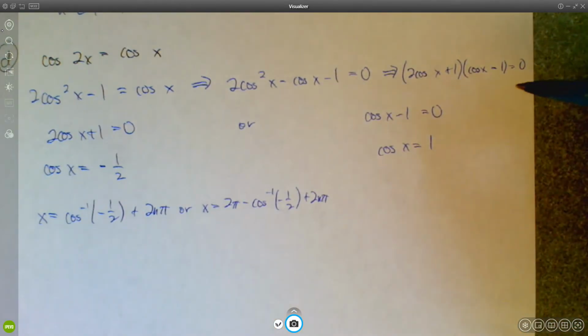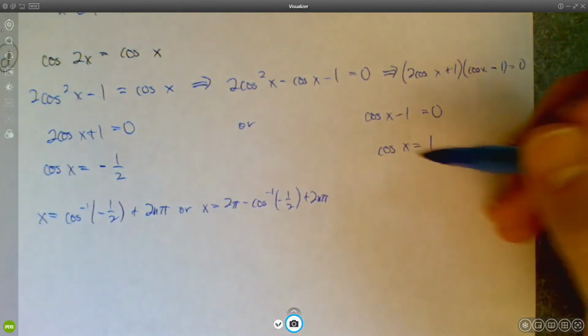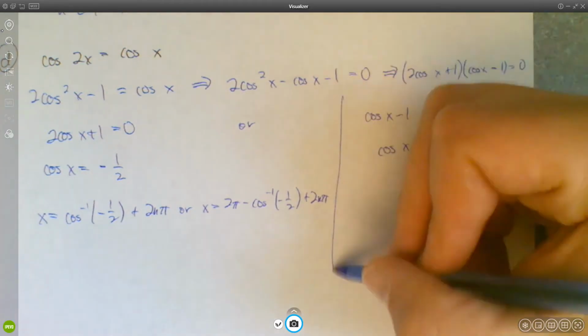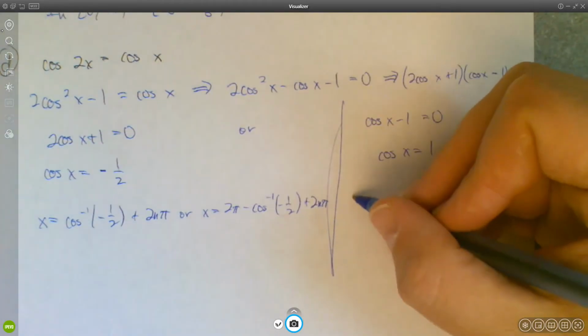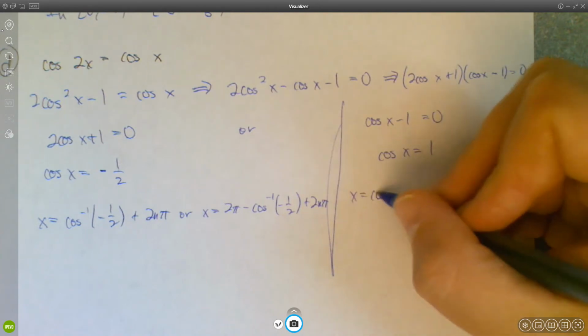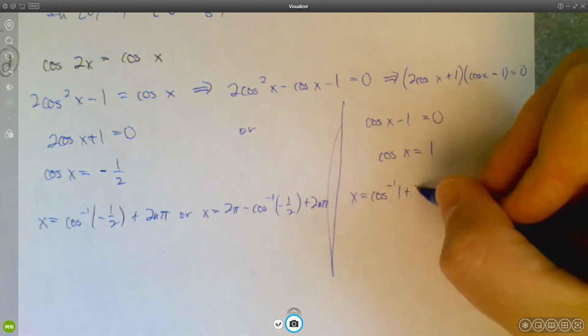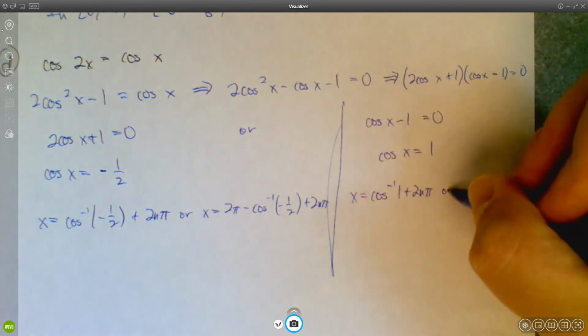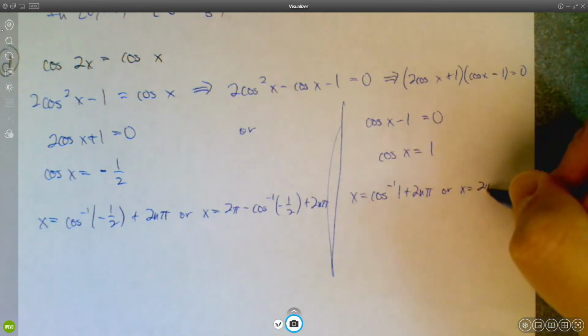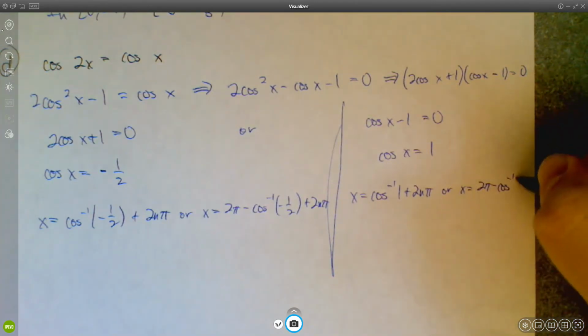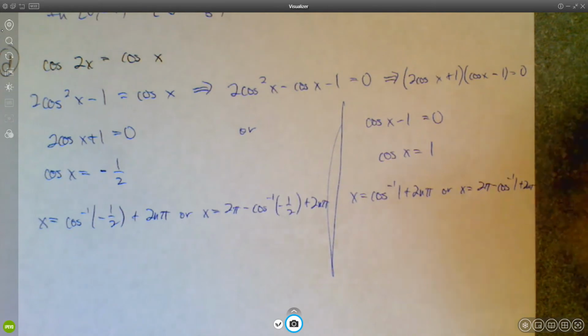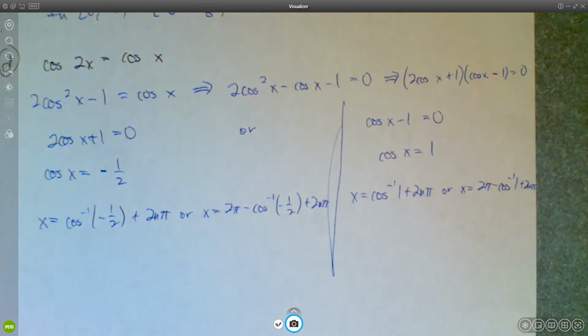Okay, or x equals cosine inverse of 1 plus 2n pi, or x equals 2 pi minus cosine inverse of 1 plus 2n pi. Whew. Had to cheat a little bit. That's more of a t than a pi, but okay.